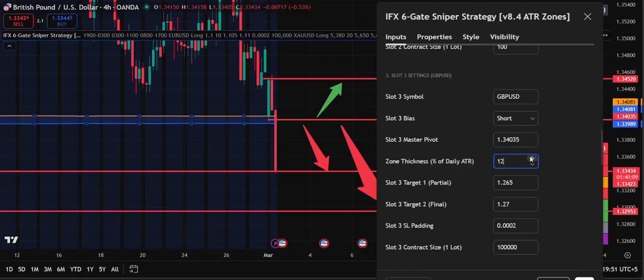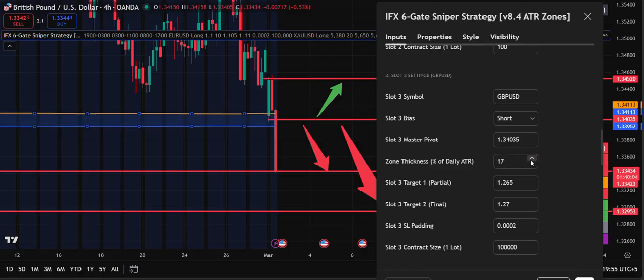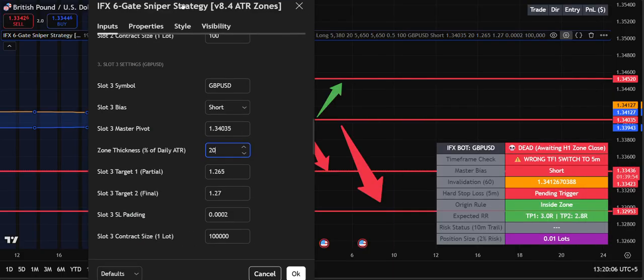If we want to increase this zone, we will increase the ATR, because right now on the pound I would like a much bigger zone. My target would be, let's enter two targets here: 1.33423, and target two would be 1.32953.